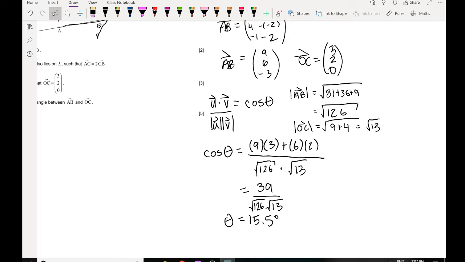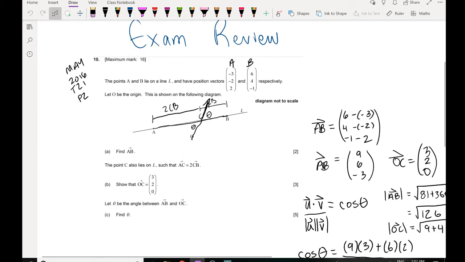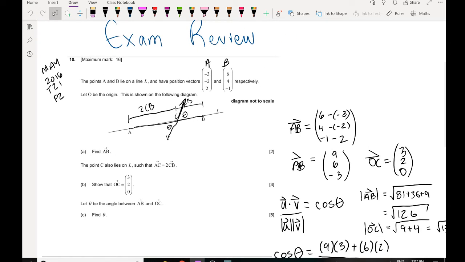Oh, that's not the mark scheme. Okay. This was question 10, I think. Yep, last one. Let's see. Yep, 15.5 degrees, that's what it is.